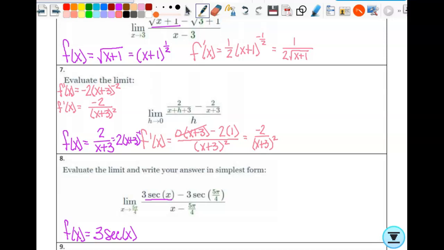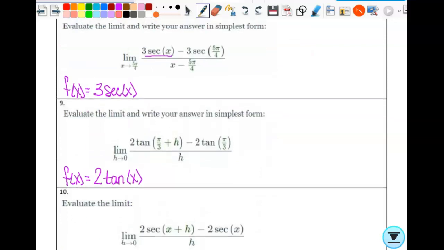All right. So then here, there was some question or confusion about what happens with this 3. Okay? So this 3 is just like if it was a 3x, because remember your rules for derivatives, it's just 3 times whatever this derivative is. So I can just take the derivative of this, and I leave the 3 on there. So the derivative of secant is what?